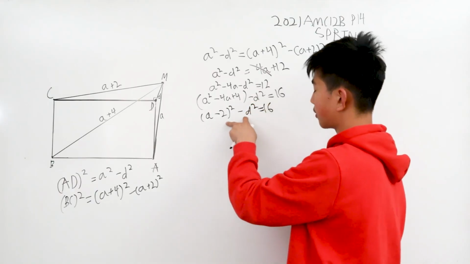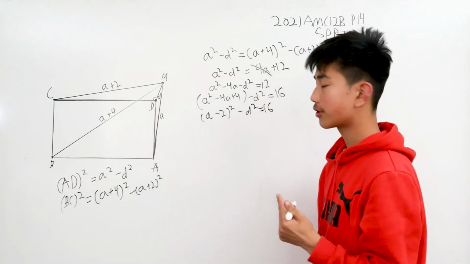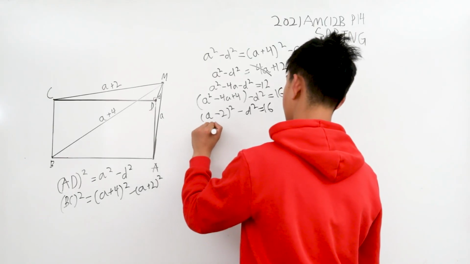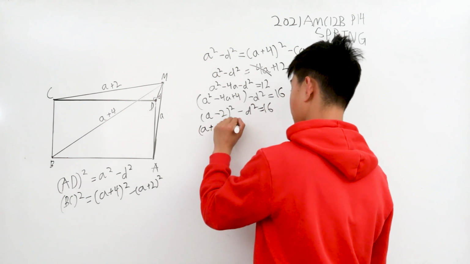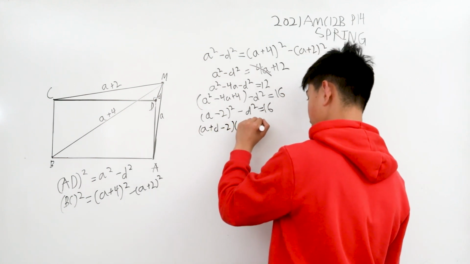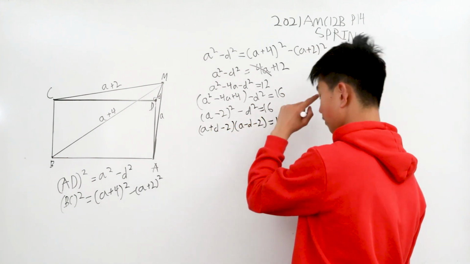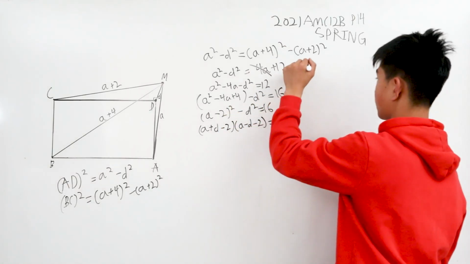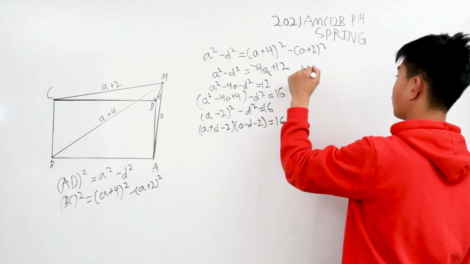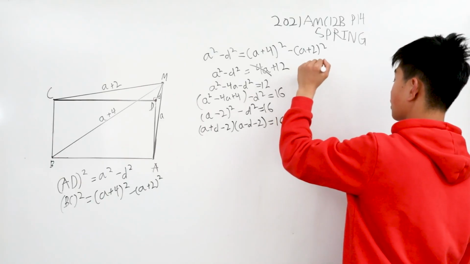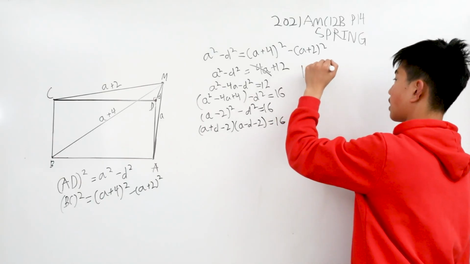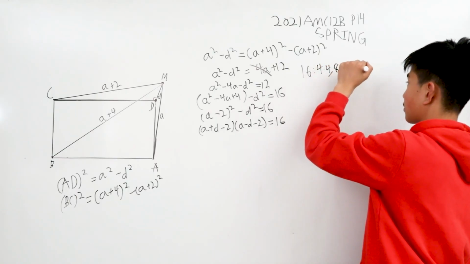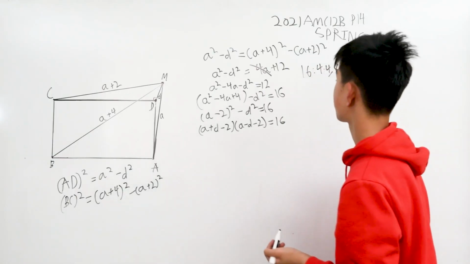Now that both terms on the left-hand side are squares, we can use the difference of squares: A plus d minus 2 times A minus d minus 2 is 16. 16 can be broken down into 4 times 4, 8 times 2, or 16 times 1 in integer components.